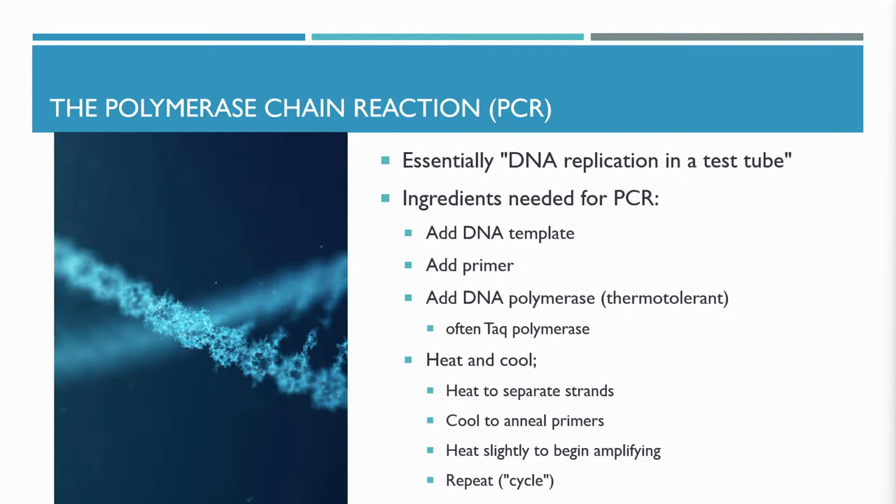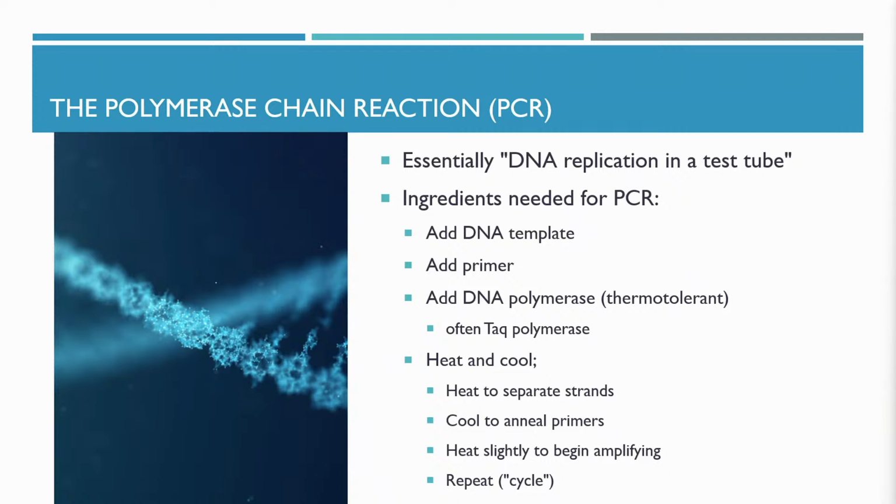And then the primer can go to the specific spot on the DNA region where it's complementary. Then the polymerase starts to make copies of that. And when the cycle cools, it anneals those primers until you get a copy of that gene.